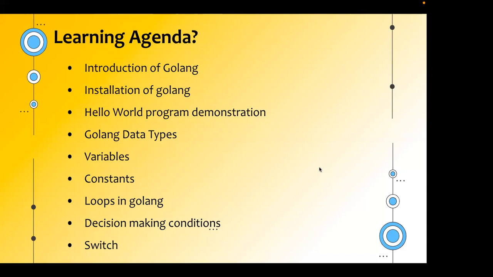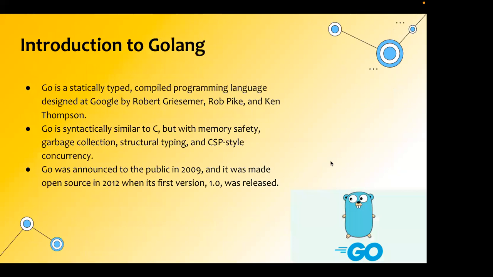Okay, so the very first thing is that Go is a statically typed language, and pre-compiled. Java or C sharp, we have to compile the language, then we can run that, right?